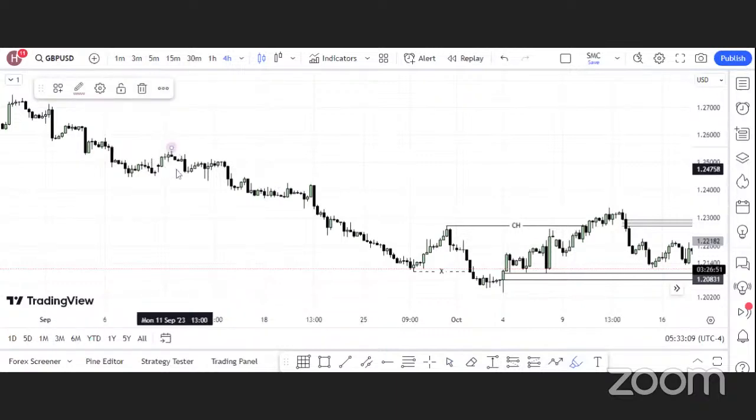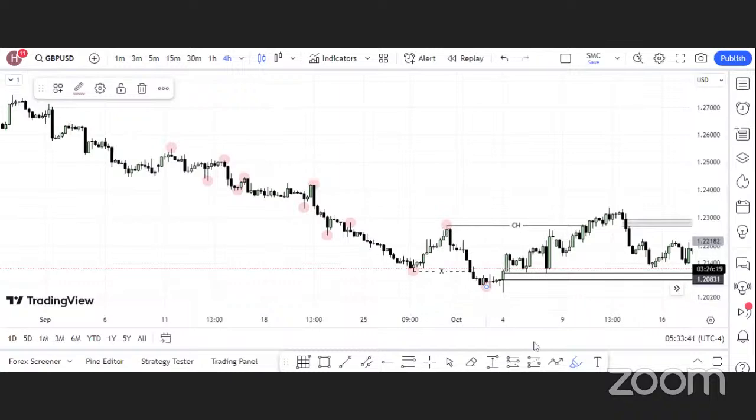We have this high, this low, this high, this low, this high, low, another high, low, high, and low. And then we got this high, we got this low. And then the market started making a move. All right. So this was our last high.